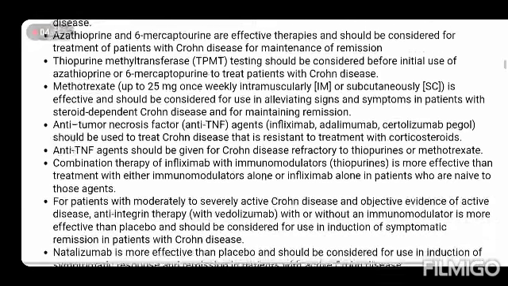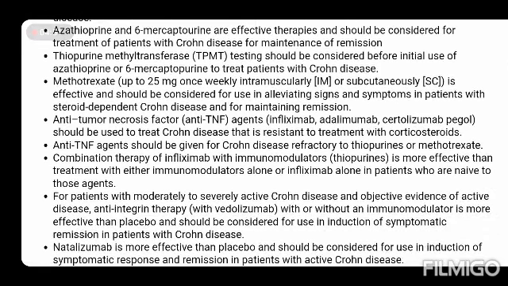Anti-tumor necrosis factor agents should be used to treat Crohn's disease that is resistant to treatment with corticosteroids. Anti-tumor necrosis factor agents should be given for Crohn's disease refractory to thiopurine or methotrexate.